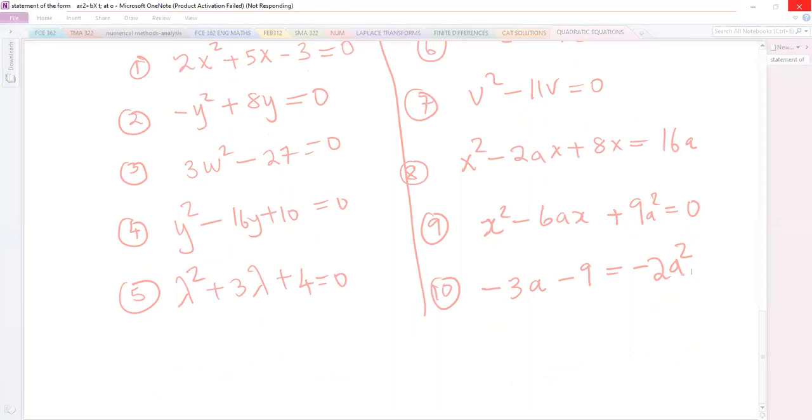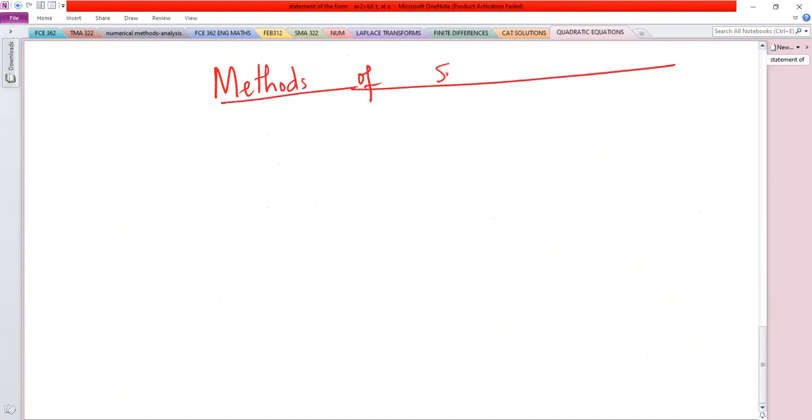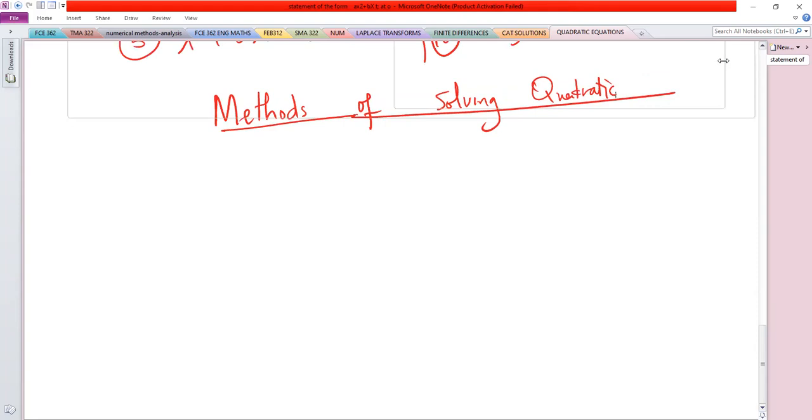So we have these methods of solving quadratic equations. 1, factorization.